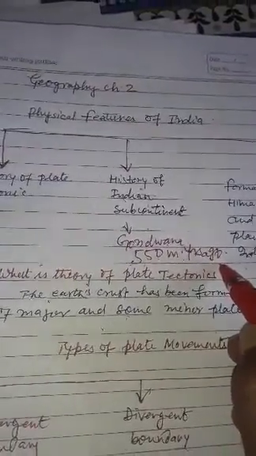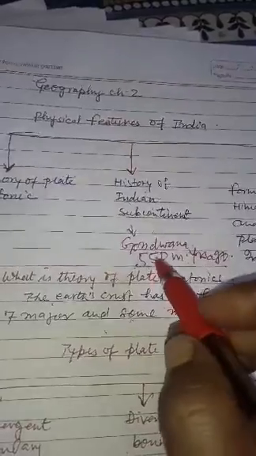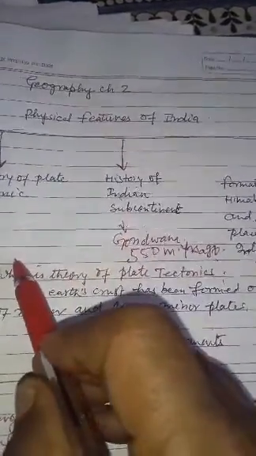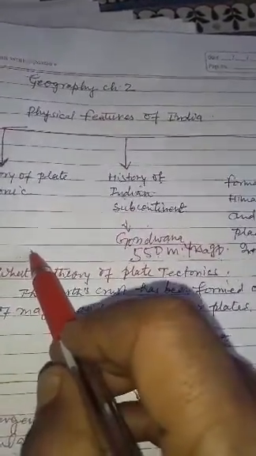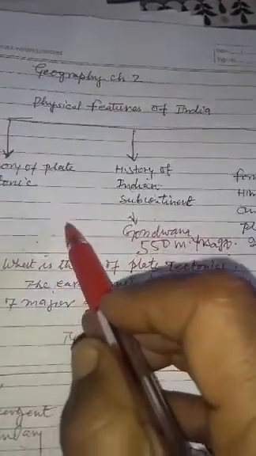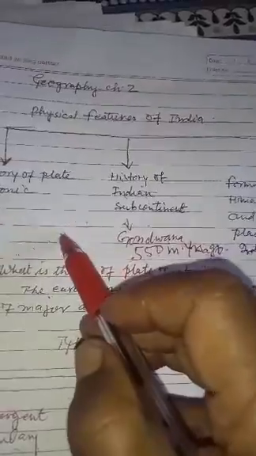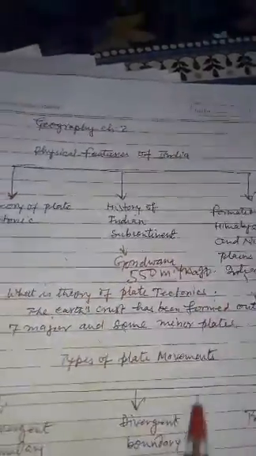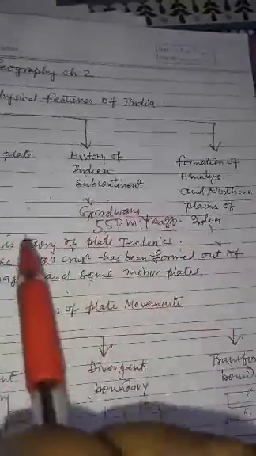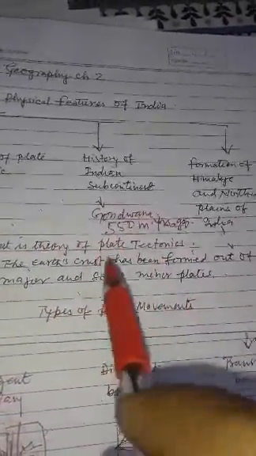The major portion of Gondwanaland includes India, Australia, South America, South Africa, and Antarctica. 1, 2, 3, 4, 5. These five major portions of the earth include Gondwanaland.